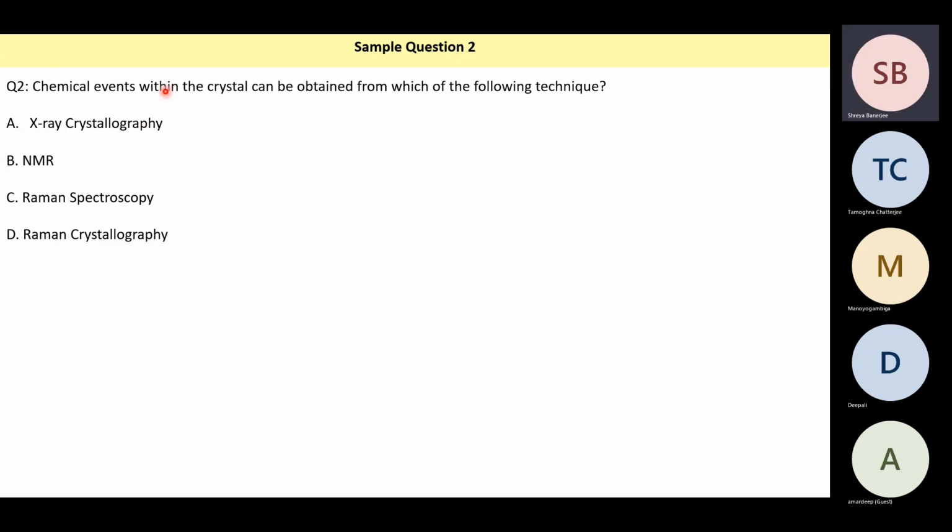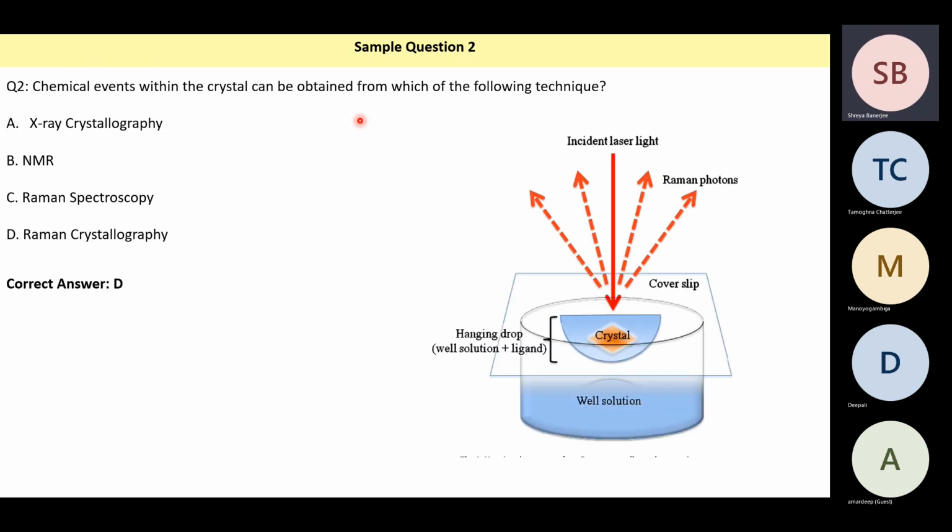The second question is, chemical events within the crystal can be obtained from which of the following techniques? The answer to this is D, Raman crystallography.